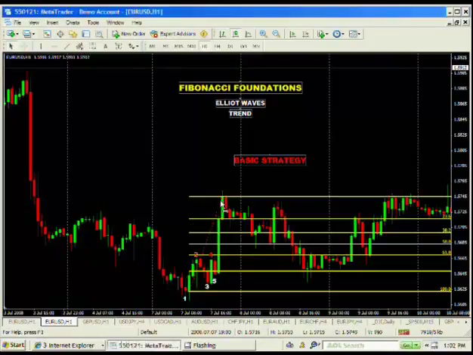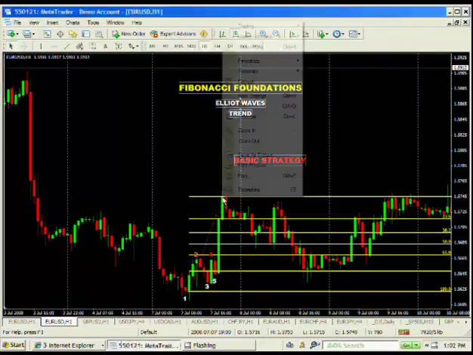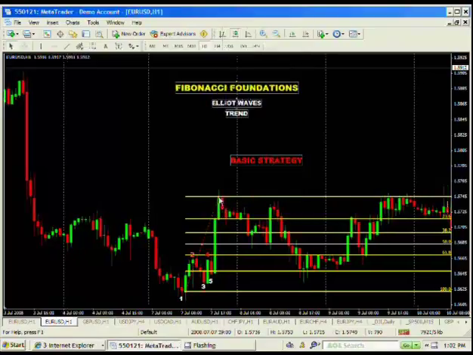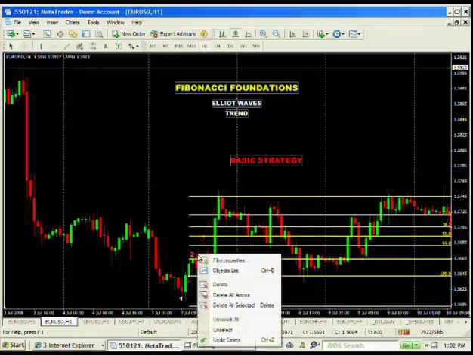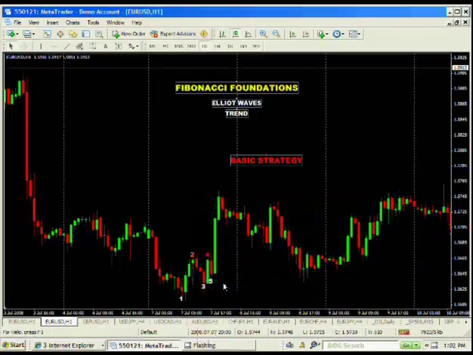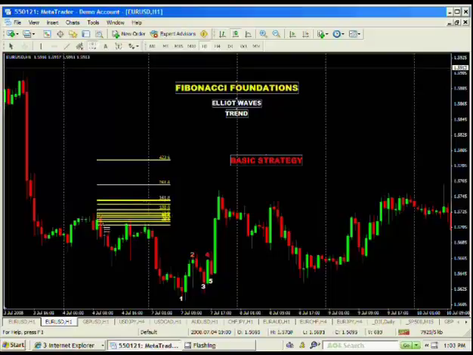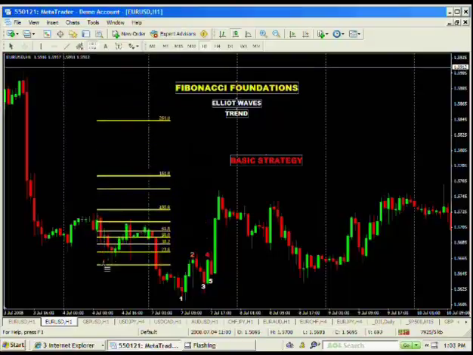Okay, let's look at what we would have if we look at a downtrend. Let's take this down move here. Now in the down move, we start from the high and draw our line down to the low.